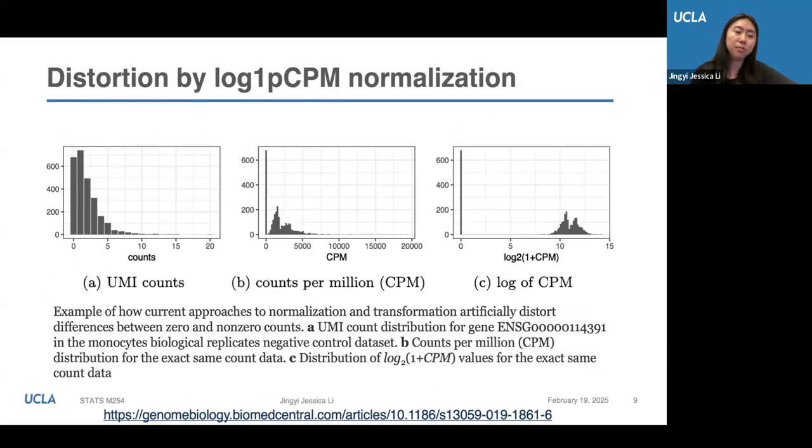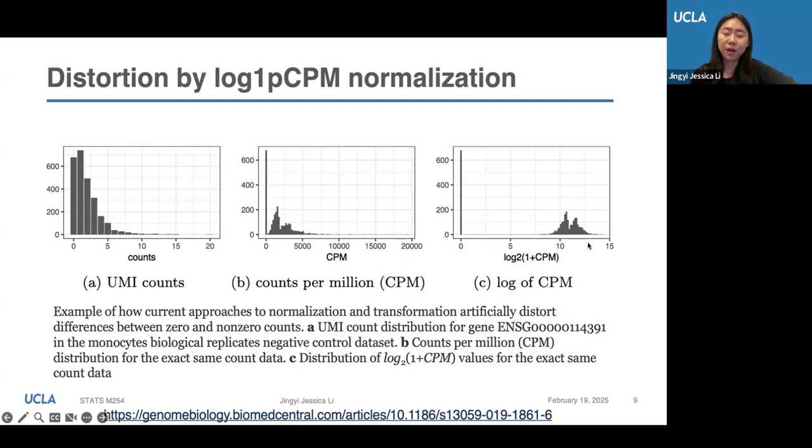There's only a single peak here. But if you do CPM, you see something happens. Zero counts stay as zeros, but the non-zero counts, because of the scaling to make every cell's total a million, drift away from the zero count. So you created a gap here.